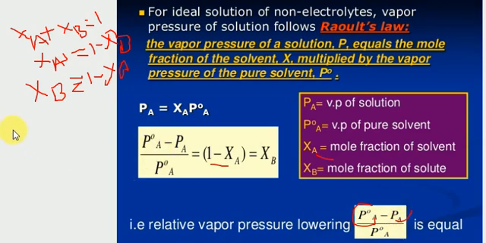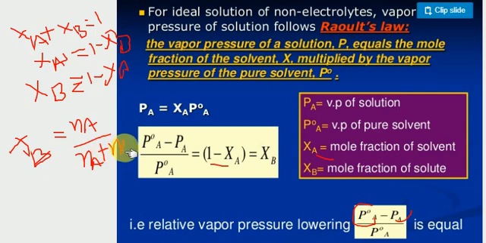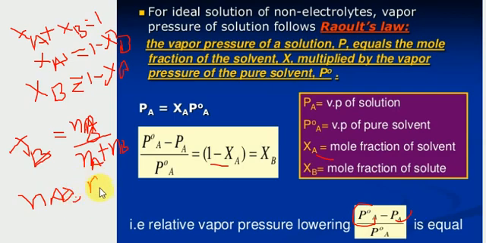One point I want you to remember: the mole fraction XB is equal to the number of moles of B divided by the number of moles of A plus B. For a dilute solution, in the denominator the value of Na is very much more than Nb.